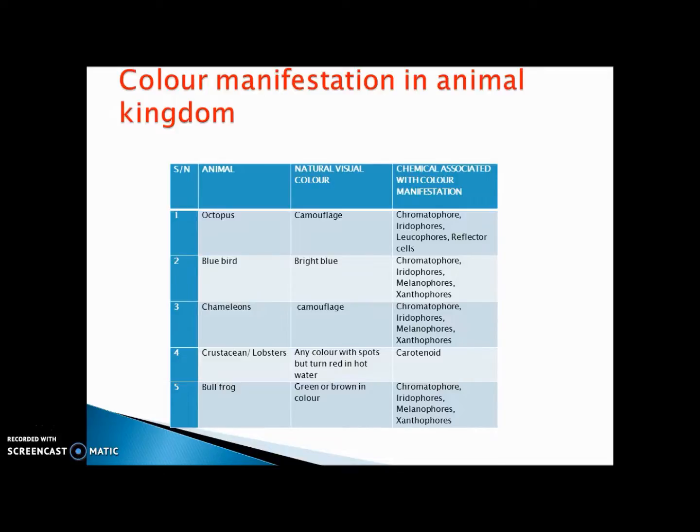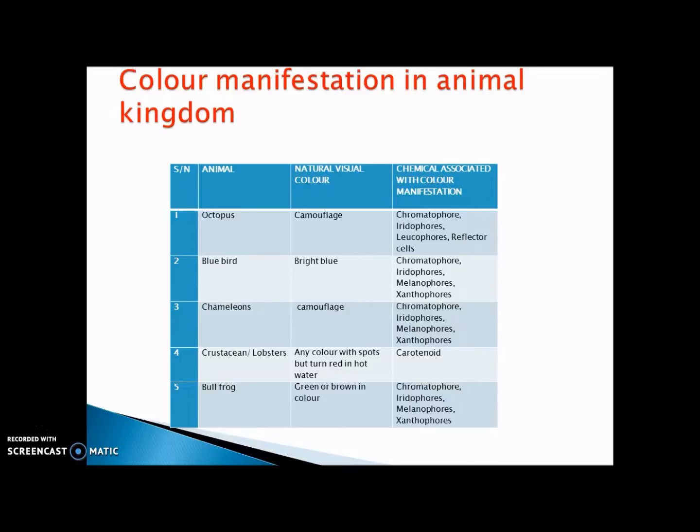Also, the bluebird manifests a bright blue color as a result of the presence of chromatophores, iridophores, melanophores, and xanthophores. The chameleon also manifests camouflage as a result of the presence of chromatophores, iridophores, melanophores, and xanthophores.